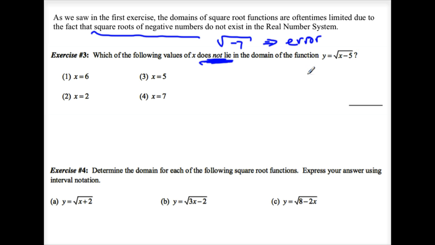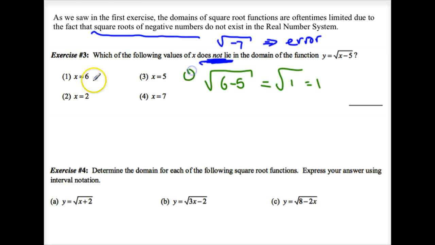So this is one of those questions where all you have to do is plug in the answer choice into x and then check your calculator. One of them will be undefined. So the first one I want to look at is choice number 1. If x is 6, I'm going to get the square root of 6 minus 5, which is the square root of 1, and that's 1.